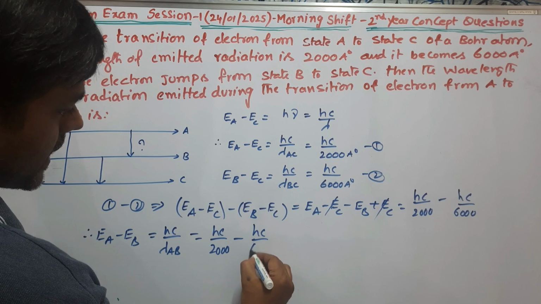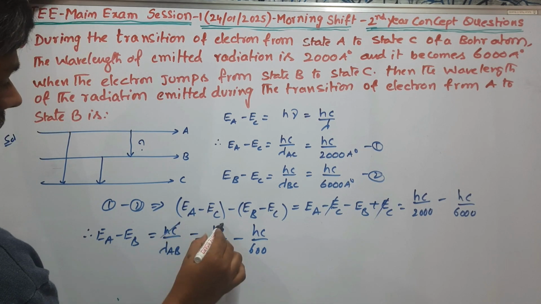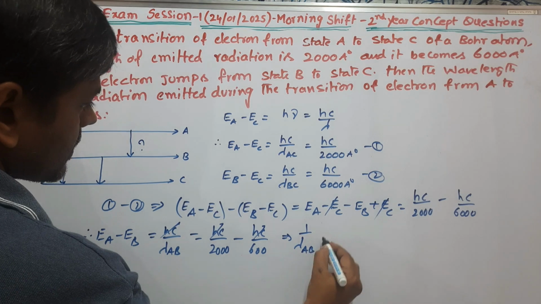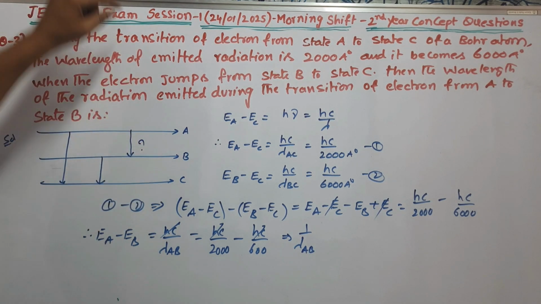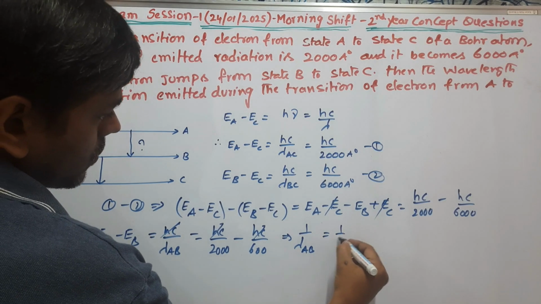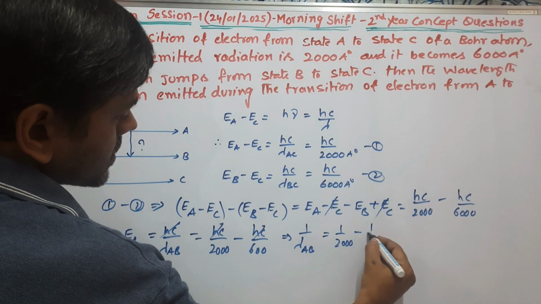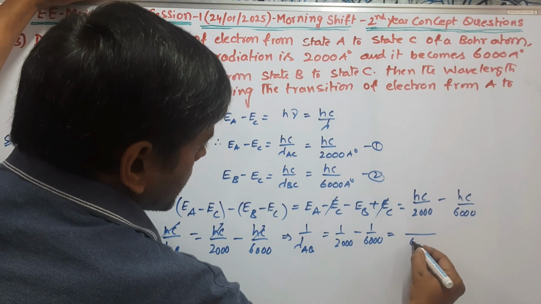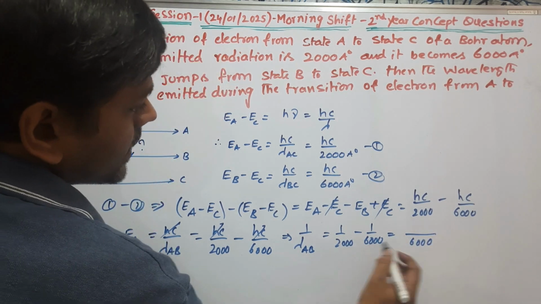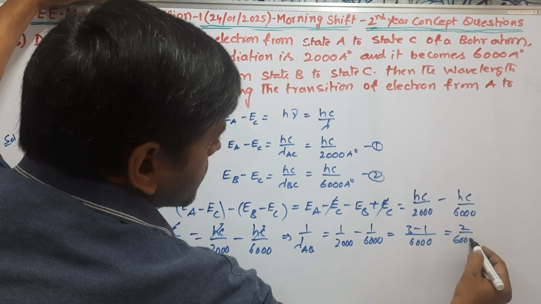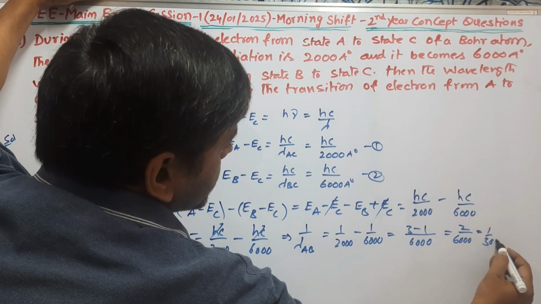So hc by lambda AB equals hc by 2000 minus hc by 6000. On both sides hc is cancelled, which implies 1 by lambda AB equals 1 by 2000 minus 1 by 6000. The LCM is 6000, so 3 minus 1 is 2 by 6000, which equals 1 by 3000.